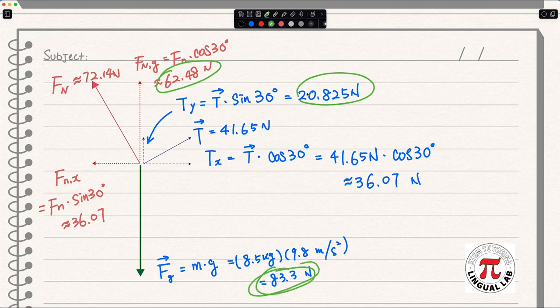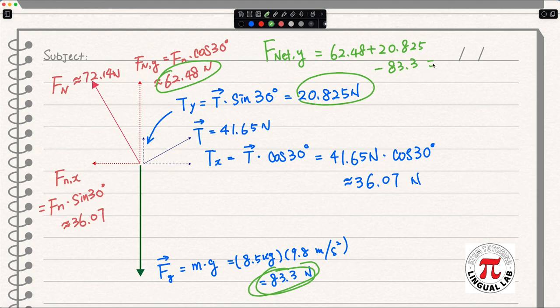So net force y component: 62.48 plus 20.825, and this gravitational force will be negative, so minus 83.3 Newton.